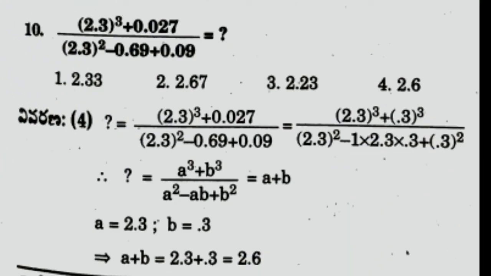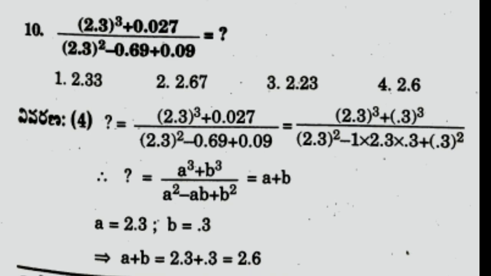10th one, (2.3 whole cube plus 0.027) by (2.3 whole square minus 0.69 plus 0.09) is equal to how much? The given options are 1) 2.33, 2) 2.67, 3) 2.23, 4) 2.6. Already we have solved this type of problem previously.